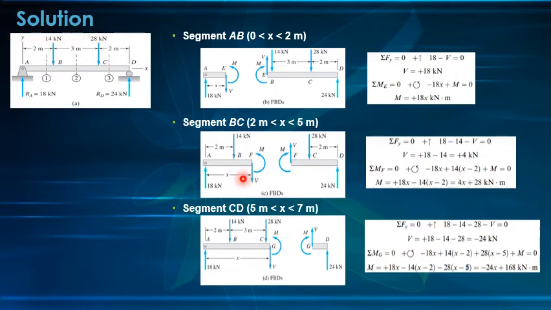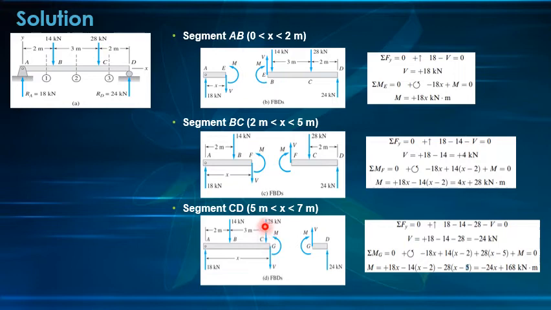We will have another example which will be a uniformly distributed load later on. So, how about the moment? If we do summation moment at this point G equals 0, counterclockwise positive, we have here negative 18, because it is clockwise, multiplied by x, plus this 14. What is the distance of the 14 to our cutting plane? We have x minus 2.